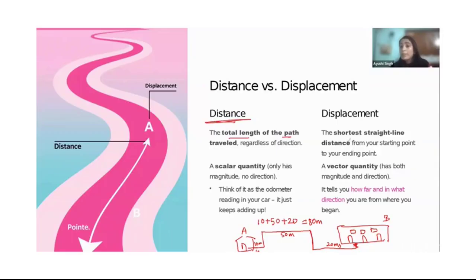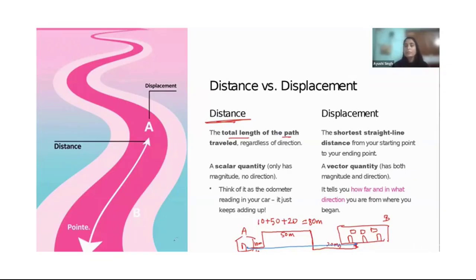What is displacement? Displacement is the shortest distance, or the shortest straight line distance, from your starting point to your ending point. Now for this, let's take another color. So from point A, if I make a straight line to point B, that will be my displacement.